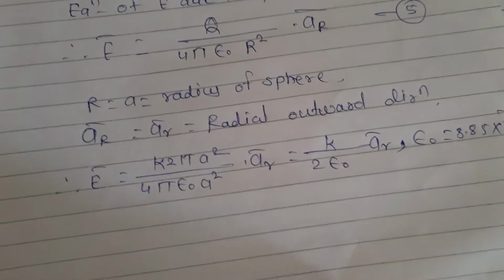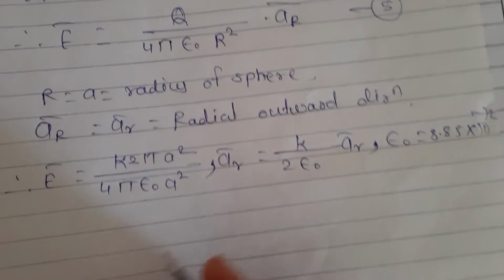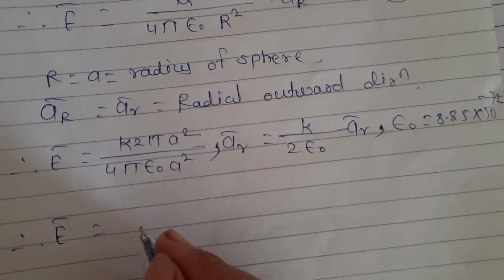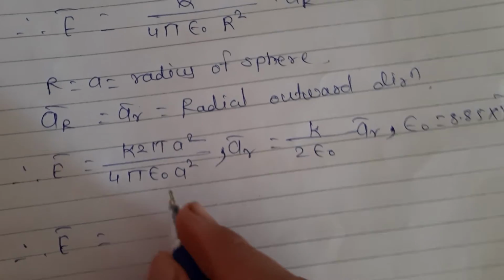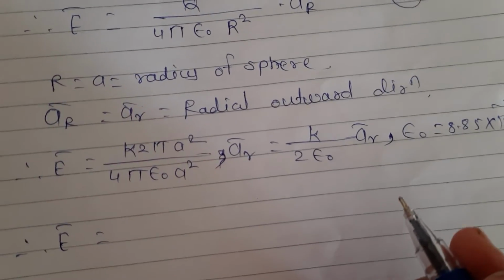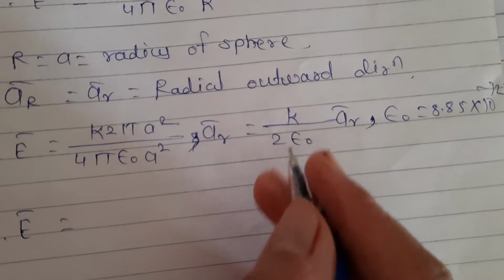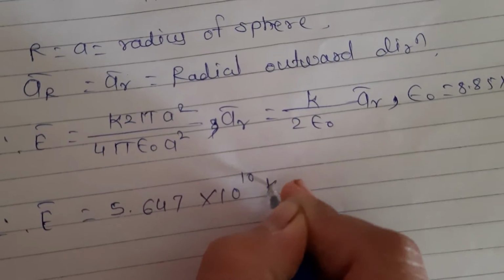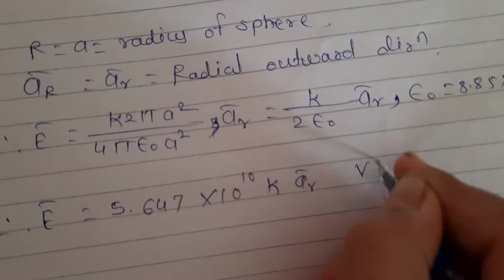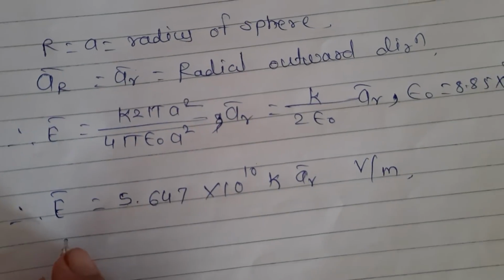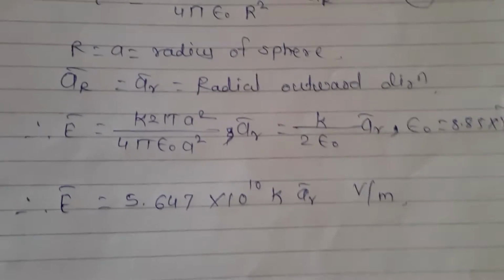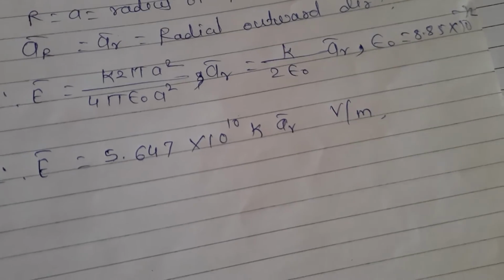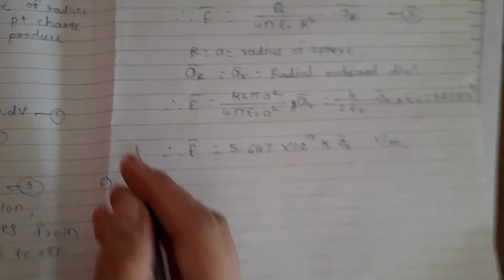So we substitute these values here and we get E bar is equal to 5.647 into 10 raised to 10 per meter. This is the answer. Next problem.